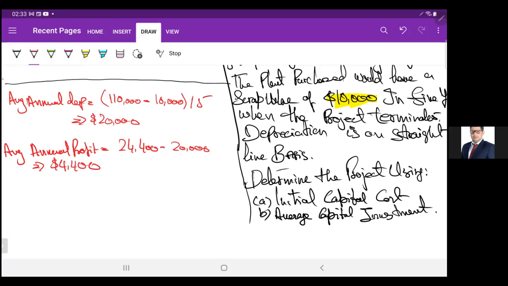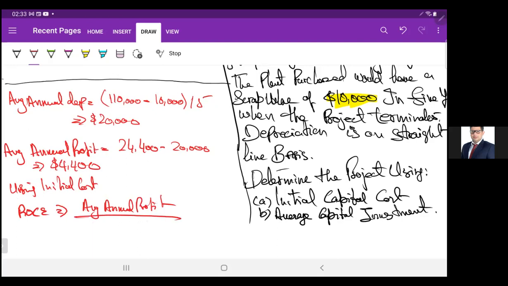Now, firstly, we have to compute it using initial cost. ROCE is equal to average annual profit divided by initial capital cost, multiplied by 100%.